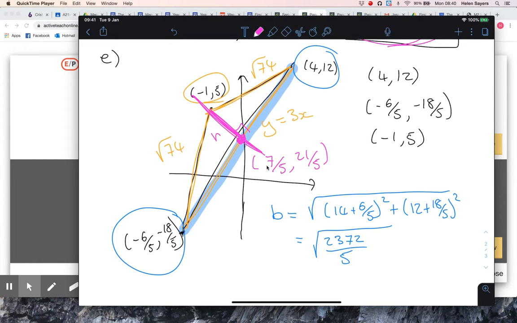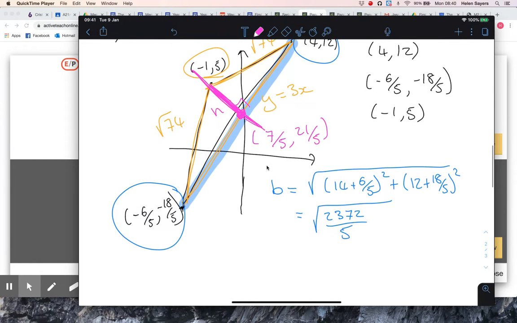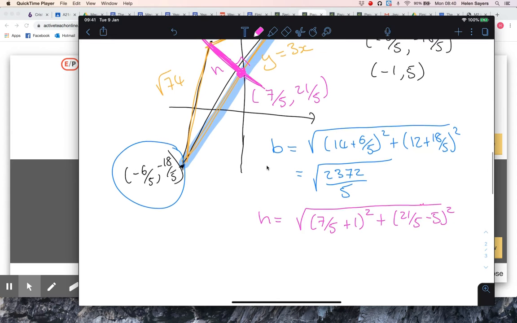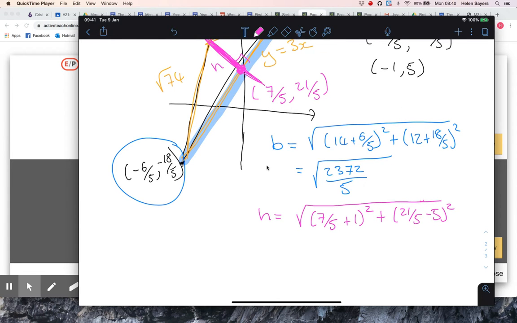And then I just need that length there for the height. So the height of my triangle is going to be the square root of 7/5 minus minus 1 all squared plus 21/5 minus 5 all squared. So 7/5 plus 1 all squared plus that.